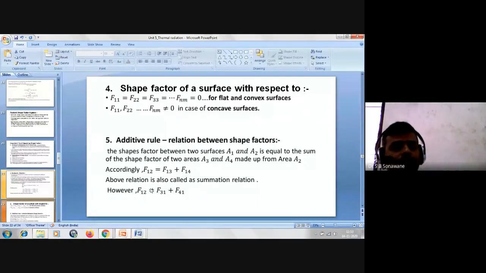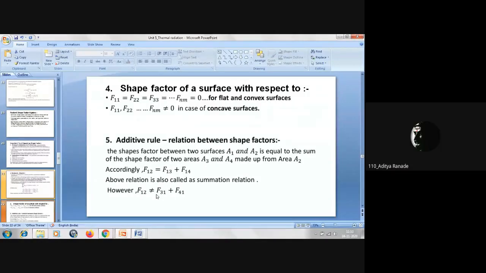So here we cannot write like this. If you write 3, 1, it means your emitter is 3, and here your emitter is 4. So the reverse is not possible according to the summation theorem. Understood?